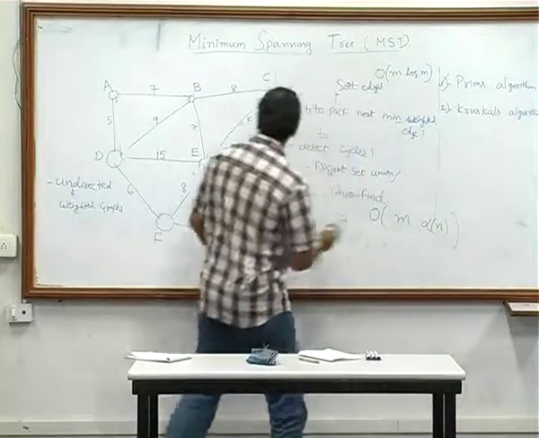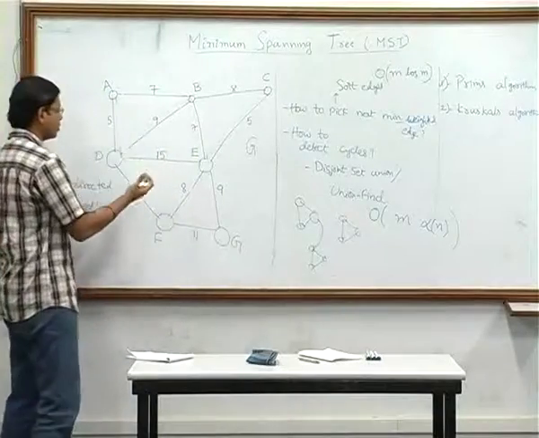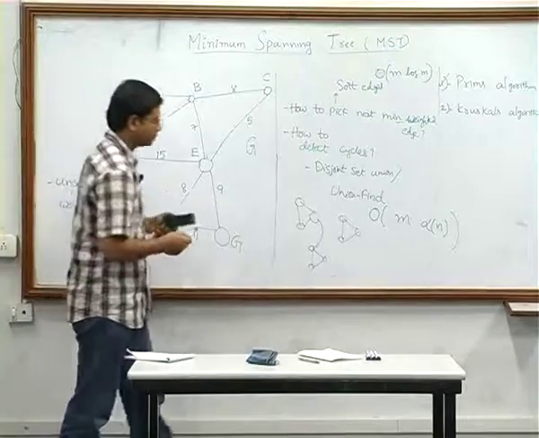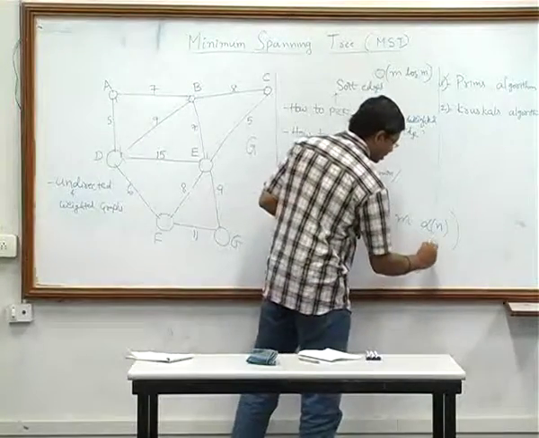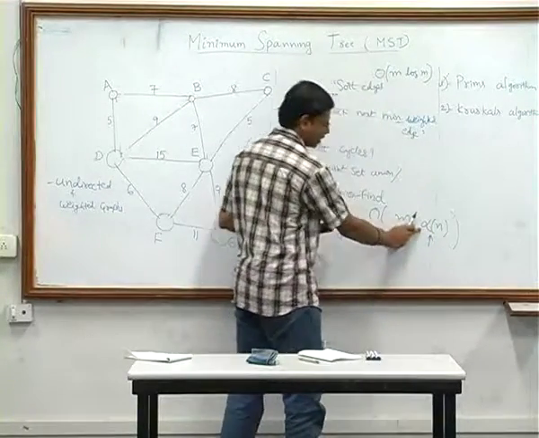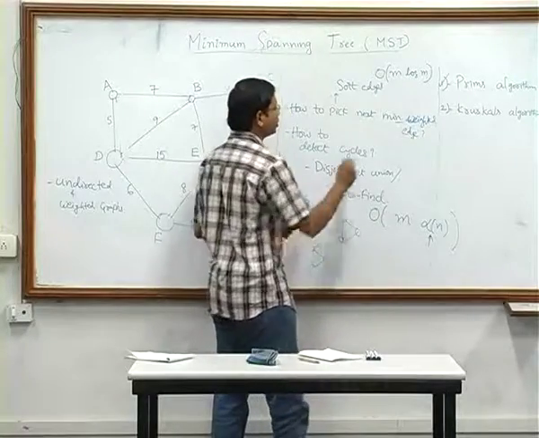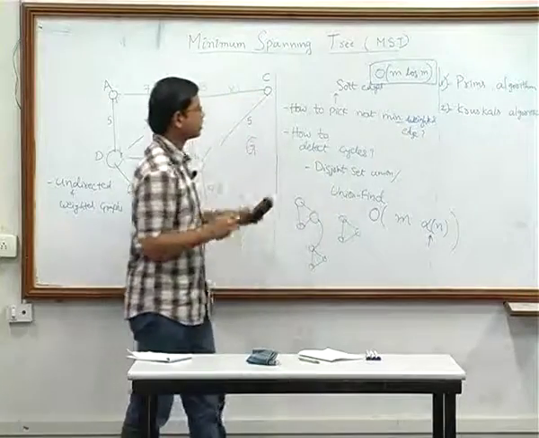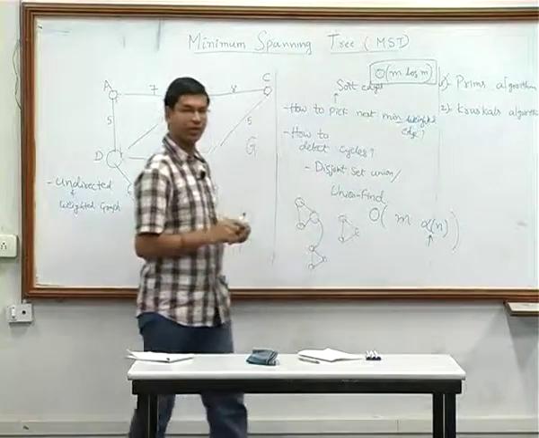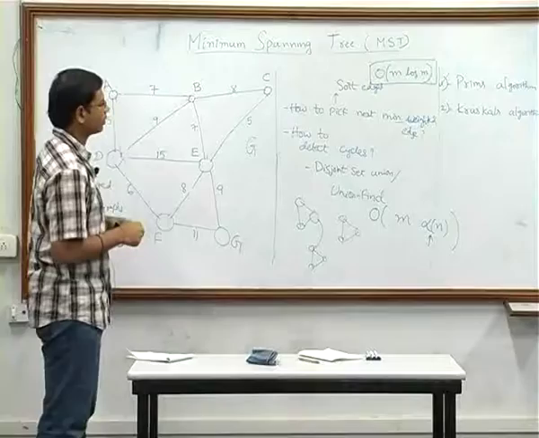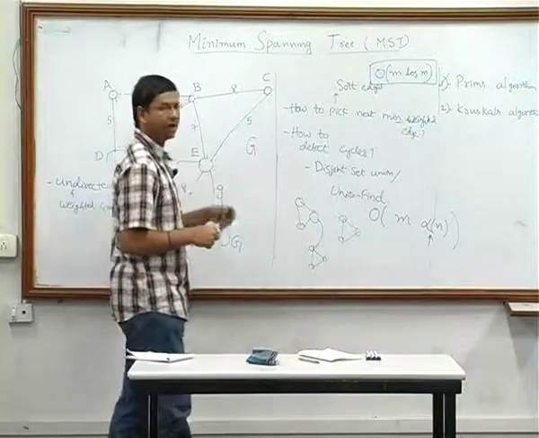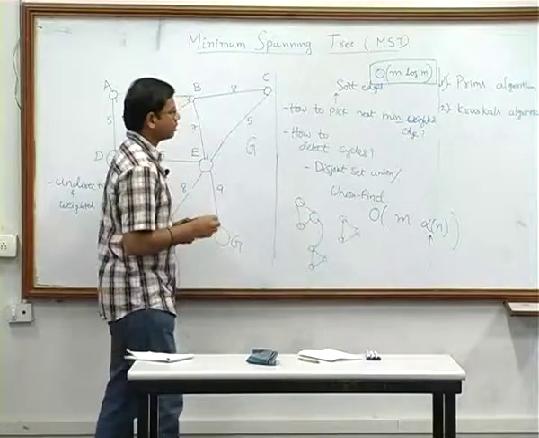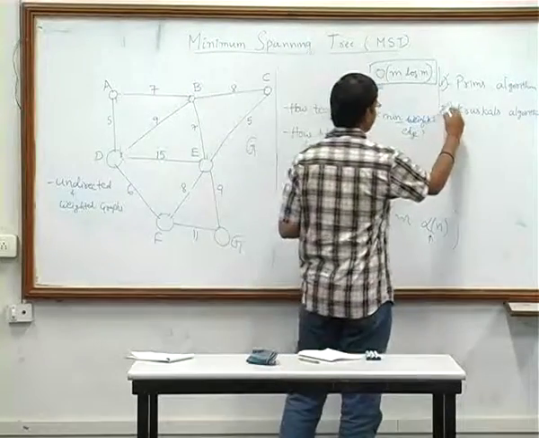For each edge we pick, we want to find if the 2 vertices are already connected without this edge. And there are many algorithms which actually reduce this factor to less than log m. So this is the main dominant factor in Kruskal's algorithm, and the complexity is O of m log m. Depending on the value of n and m, you can choose which algorithm to pick to give the best performance according to your application.